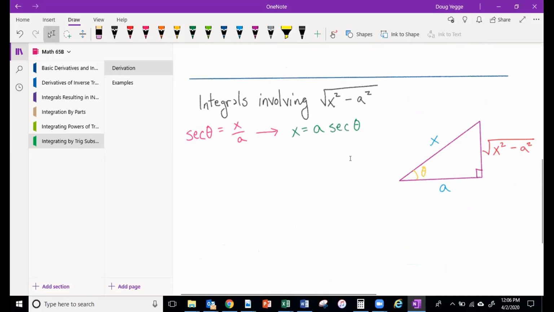So if we see that x is equal to a secant theta, the whole point of that is that we can plug that into x. But if we're going to do that, dx's show up as well in an integral, so I've got to rewrite this as a secant theta tan theta d theta. And after that substitution, hopefully it gets to an integral that's a lot more manageable.